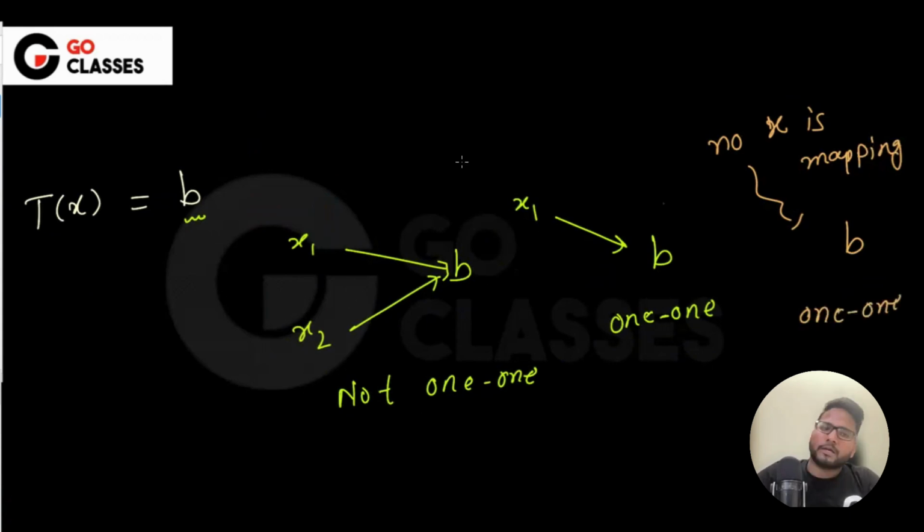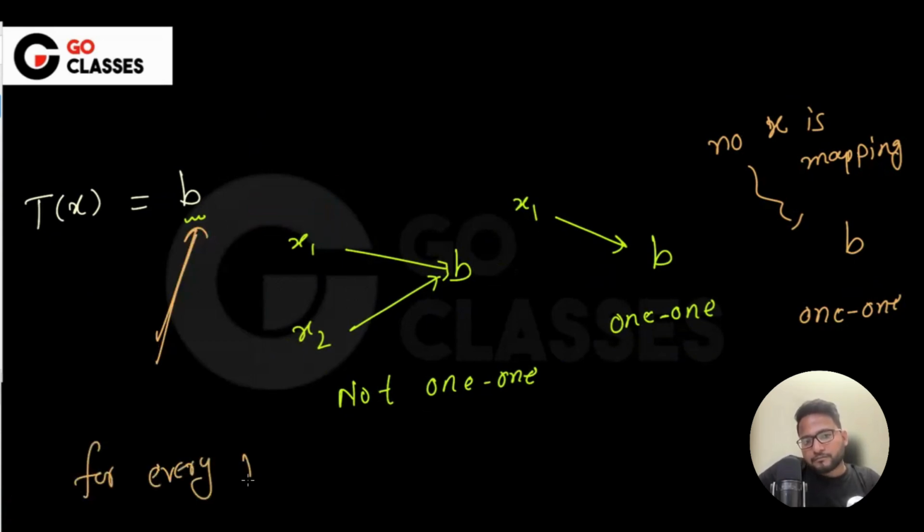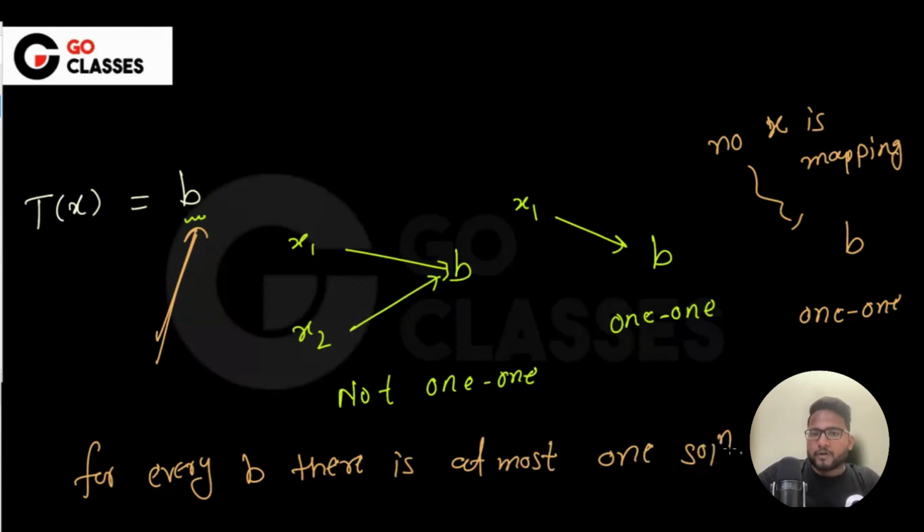So I will say that for Tx equal to B, for every B, there is at most one solution. Is this fine to everyone?